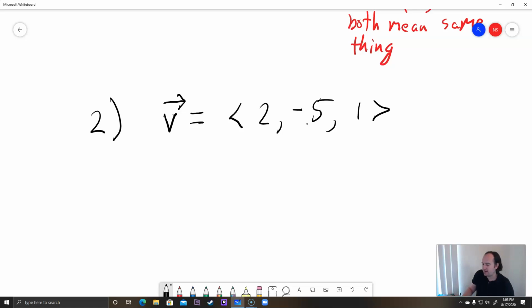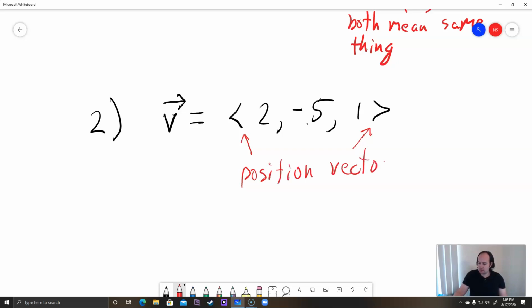2, -5, +1. So notice again here, when you have this special notation where it looks like it has a less than sign on the left side and a greater than sign on the right hand side, this is called a position vector. Or our book calls it component form.